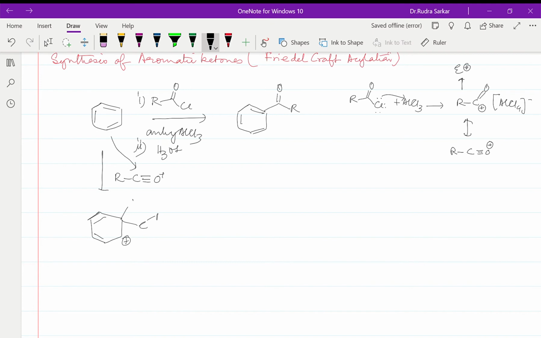Now that then loses the proton, but the oxygen will form the adduct with the excess amount of aluminum chloride that might be present, which can be removed by the acidic workup to give us the desired aromatic ketone. The electrophile does not undergo any rearrangement. The reason we have already mentioned, because it is resonance stabilized. So this is basically the reaction scheme for Friedel-Crafts acylation reaction.